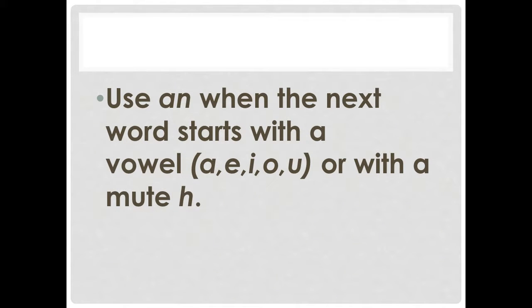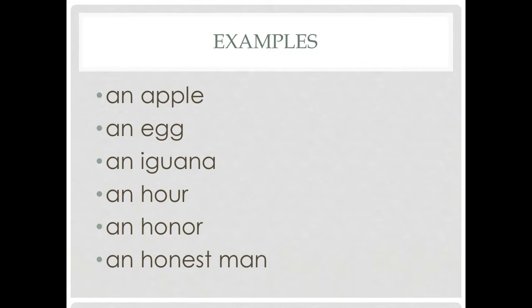Use an when the next word starts with a vowel, A, E, I, O, U, or with a mute H. For examples, an apple, an egg, an iguana, an R, an honor, an honest man.